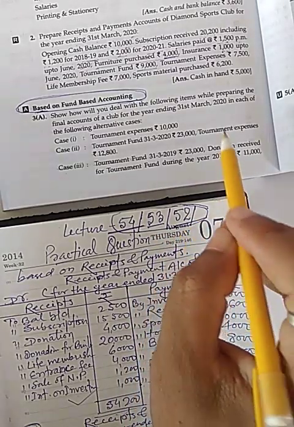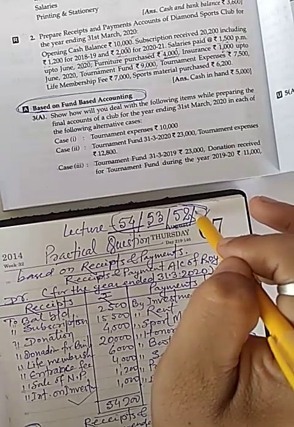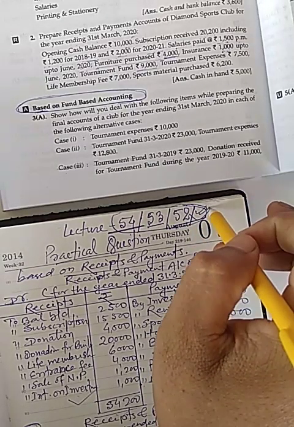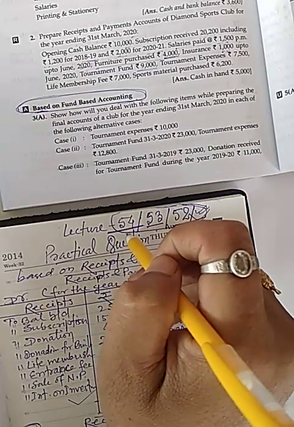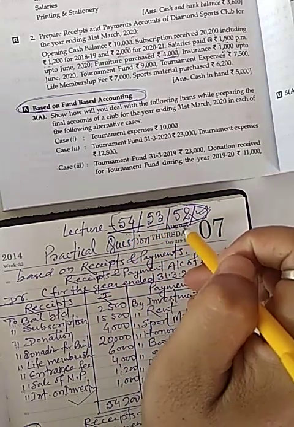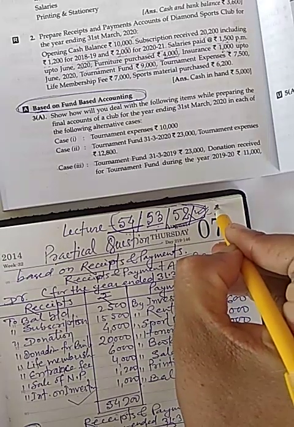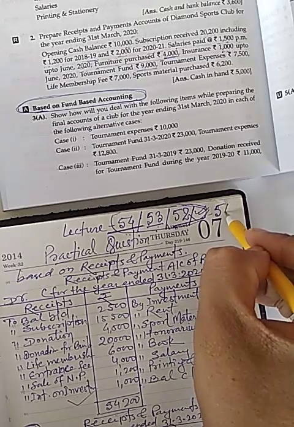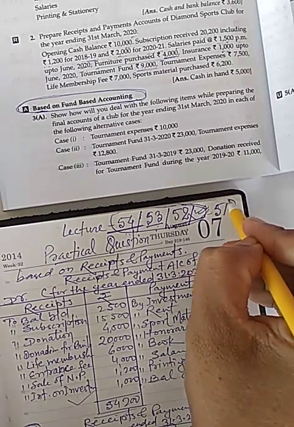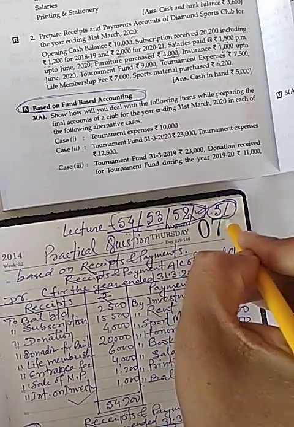Most of the practical problems have been solved in videos 52, 53 and 51. And I have also explained the format of receipt and payment account, income and expenditure account in my video 51.